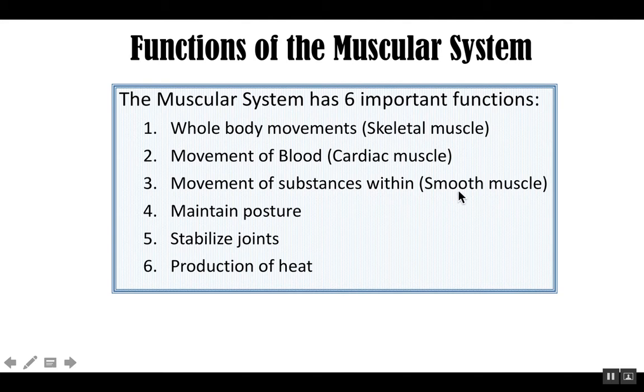The third type of muscle tissue, if you recall, is smooth muscle. And that muscle is used to move substances within the body, whether it's material moving down your GI tract, the movement of urine from the kidneys to the bladder and then out of the bladder. It also facilitates the movement of air through the respiratory tract.